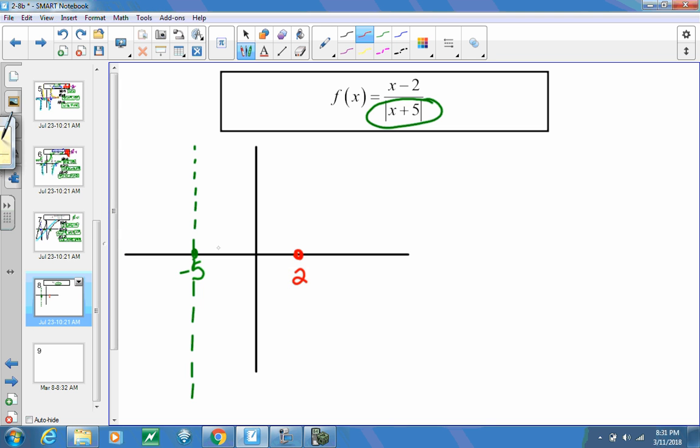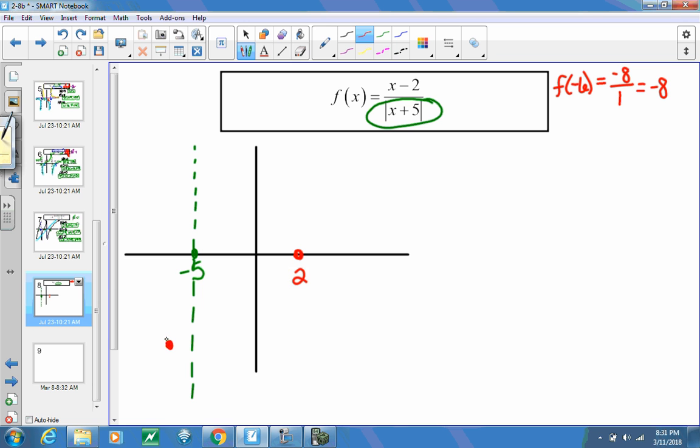So, for example, negative 6. If I think of f of negative 6, minus 2 would give you negative 8. And then negative 6 plus 5 would end up giving me negative 1, but the absolute value of that is going to be 1. And so here I would get a negative 8. So at negative 6, I would be at negative 8.